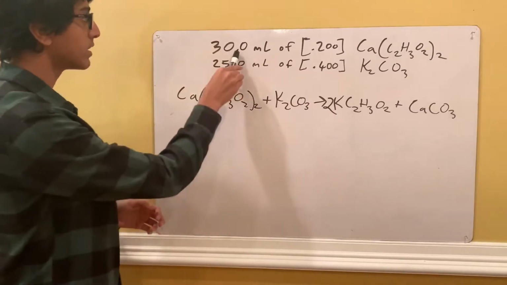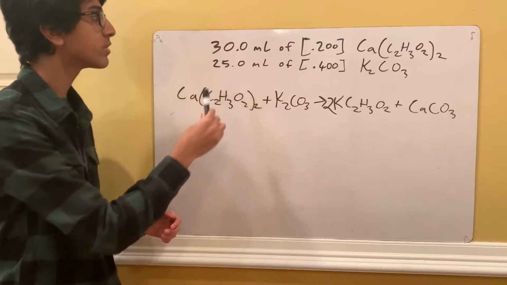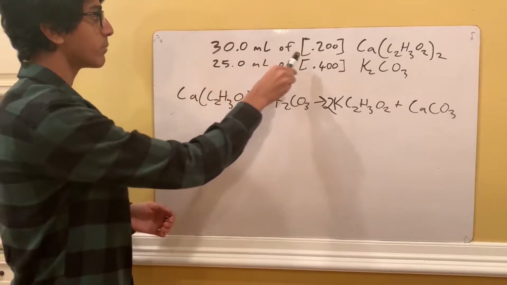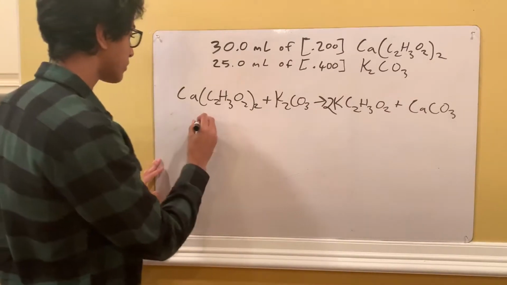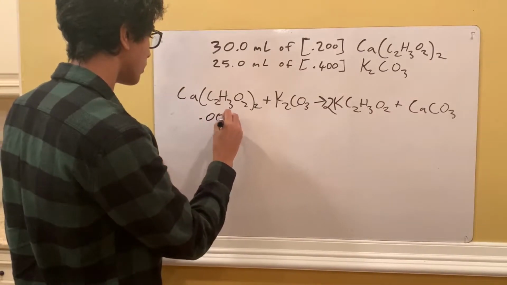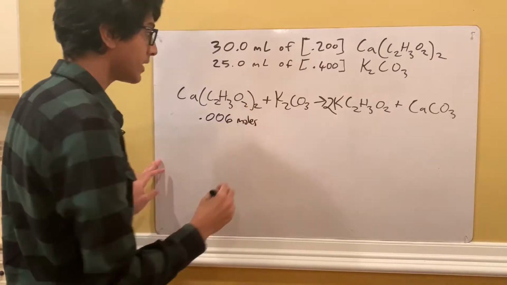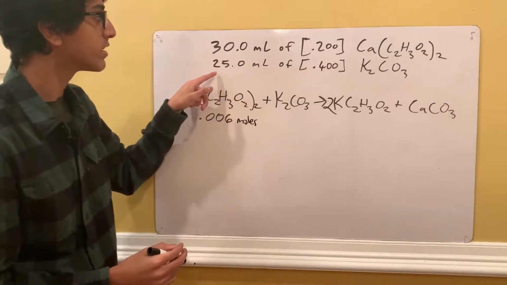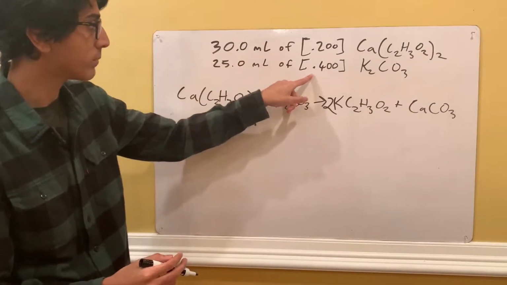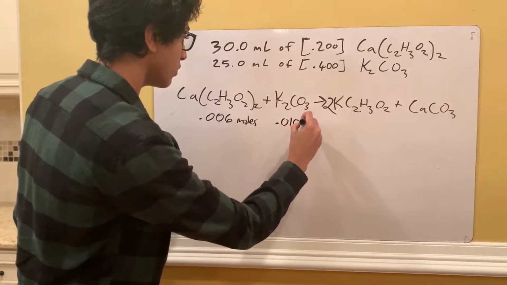We're given milliliters, so we turn it into 0.03 liters. 0.03 times 0.2 is equal to 0.006 moles. And for this one, 0.025 liters times 0.4 is 0.010 moles.